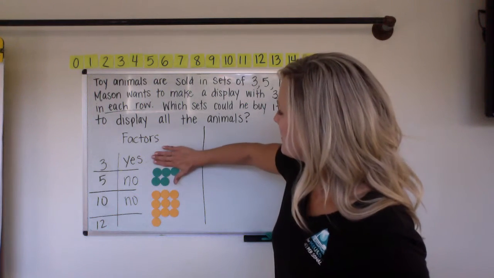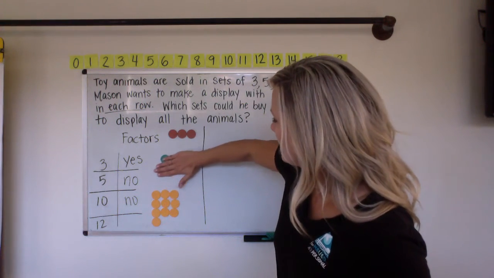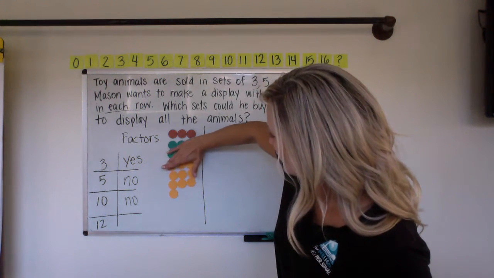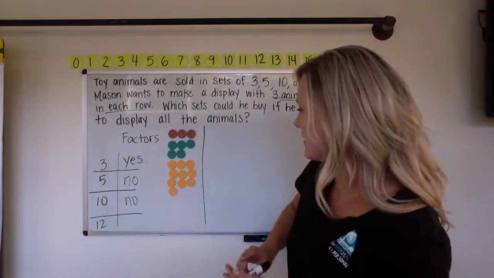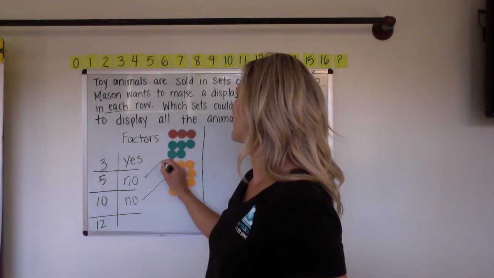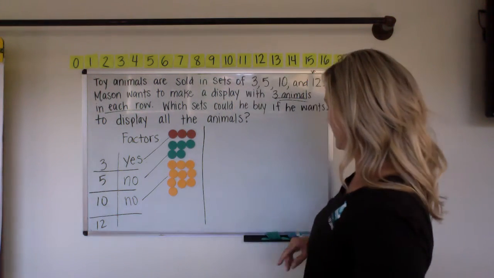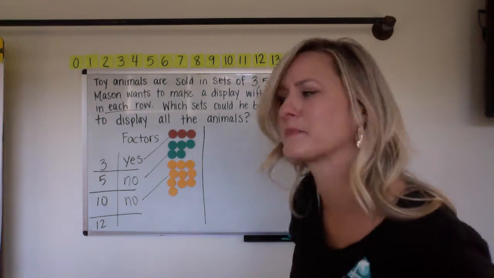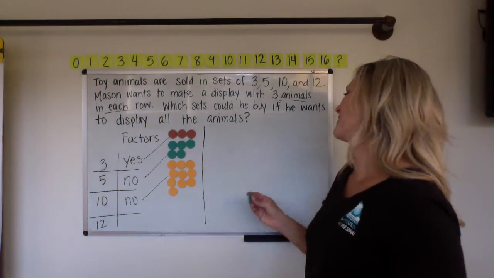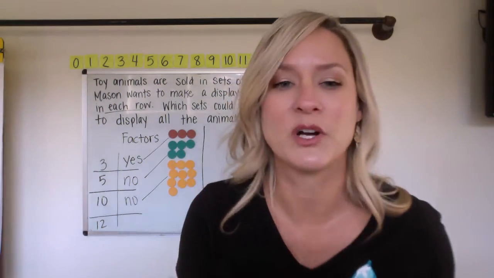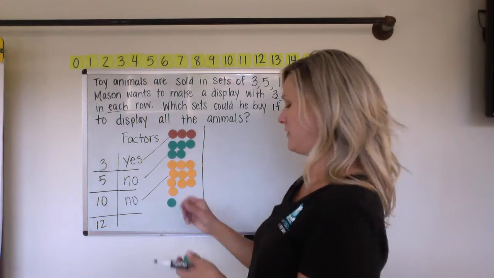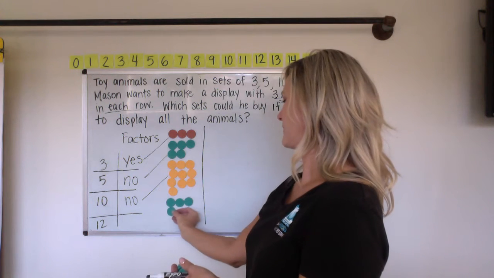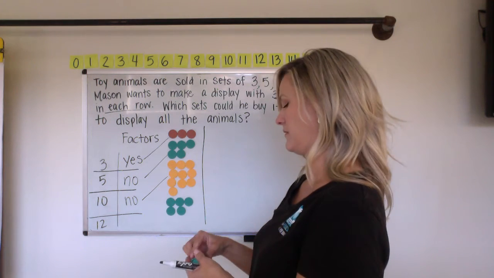Let me move these guys up so that we have room for the 12 coming at us. So that was it. Here comes 12. Do you think I'll have space? I don't know if I'm going to have space. We're going to find out. I still have to put these in rows of 3, but now I have 12. 1, 2, 3. 1, 2, 3.